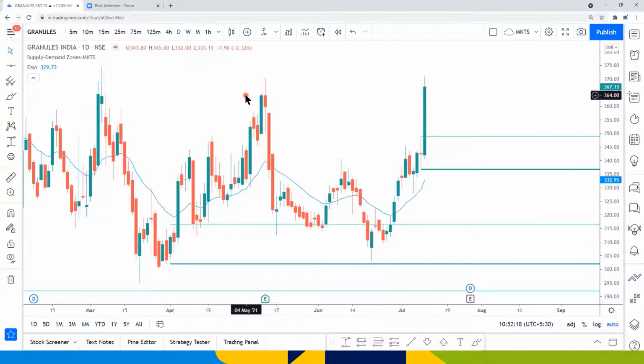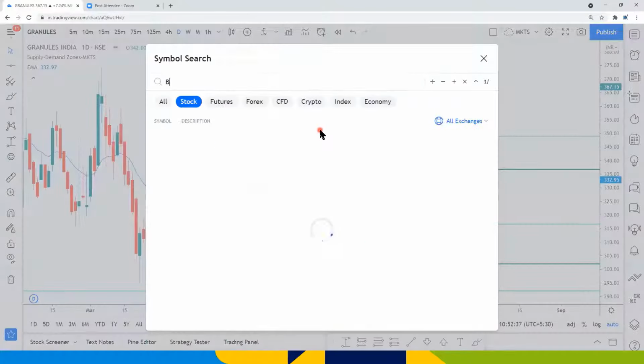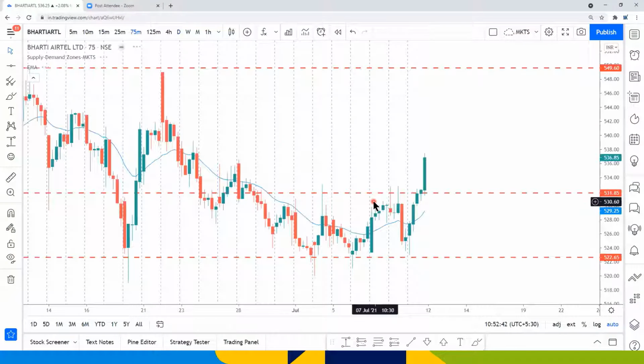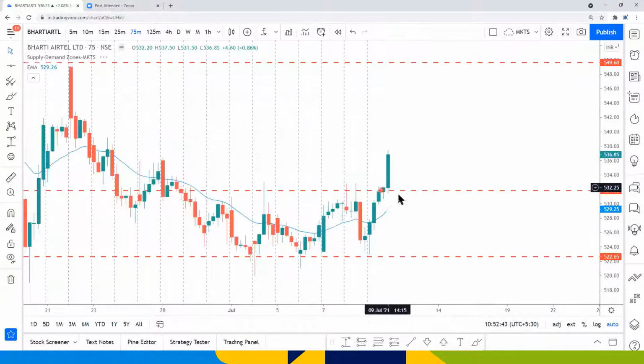There's a very valid question Bhaveshji has asked: are these alerts on FNO levels or on spot levels? We are tracking the spot levels for the alerts. So whatever alerts you're getting are on spot levels, but will not be very different from your futures charts. Let's say Bharti Airtel, you got a zone on the spot at 75 minutes. This was the zone.